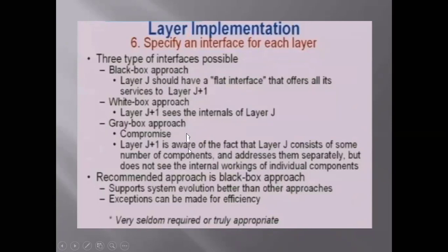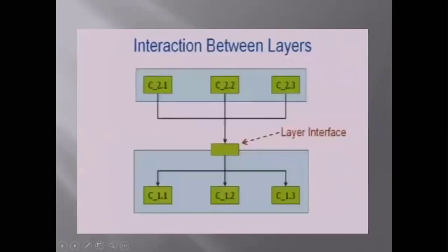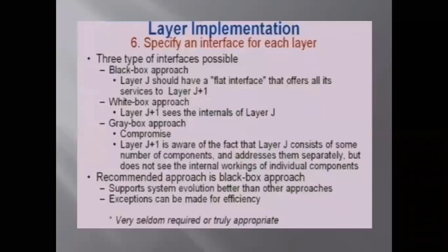Here layer j plus 1 is aware of the fact that layer j consists of a number of components and addresses them separately, but does not see the internal working of the individual components. Each individual component is aware of the services of the others, but they interact through some other means of interface, and they don't know the internal details.